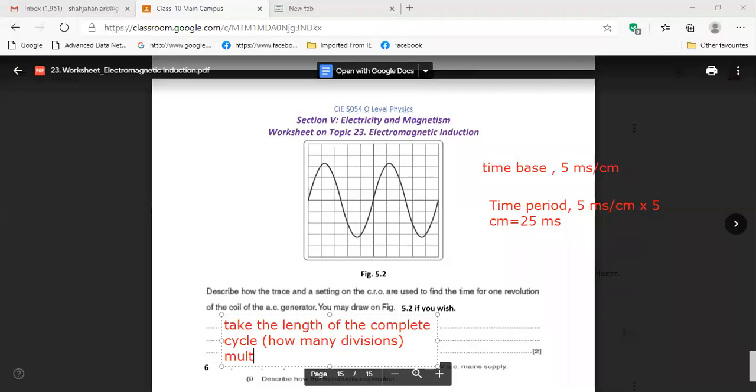Multiply. Find the time. Multiply the wavelength distance, the number of divisions, with the time base.